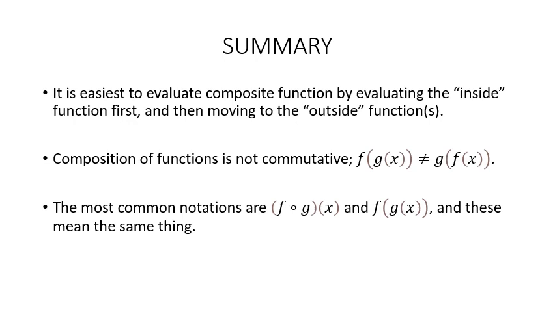Also, composition of functions is not commutative, so don't expect f of g of x to equal g of f of x. The most common notations are f o g of x and f of g of x, and these both mean the same thing. In each of these, g of x is the so-called inside function, and f is the so-called outside function.